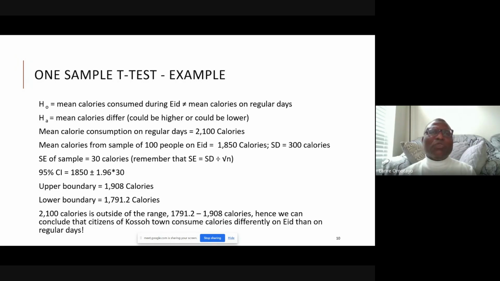Is there anybody who so far is kind of lost in these terminologies and these concepts? Because it's important that you really understand them, because a lot of what you will do down the line will be based on these concepts. Now we understand our alternative hypothesis and our null hypothesis.